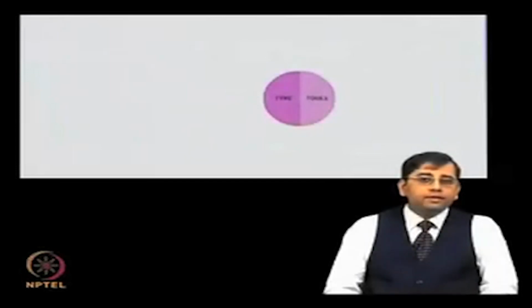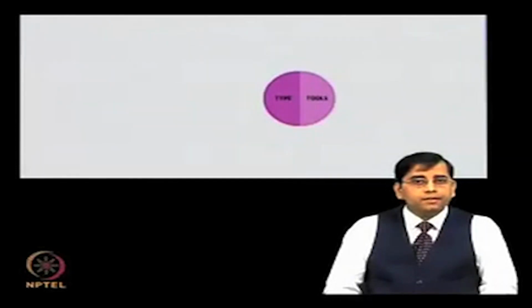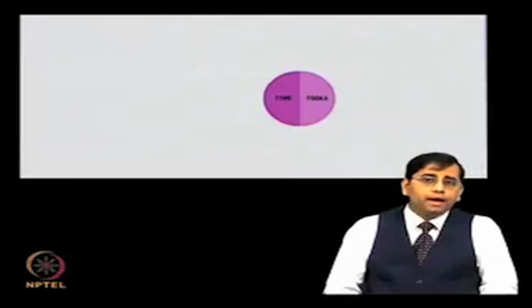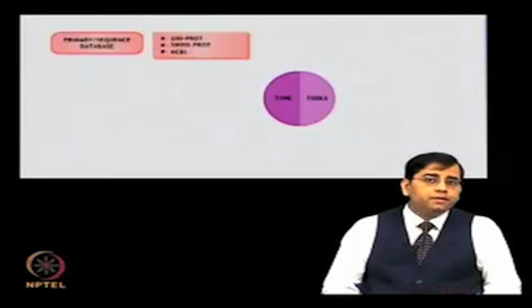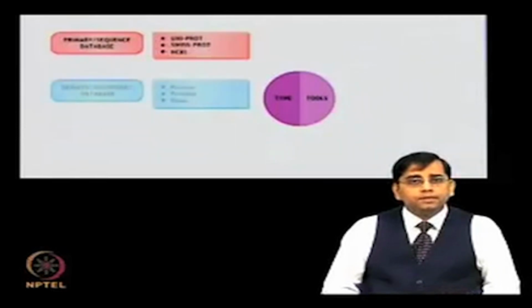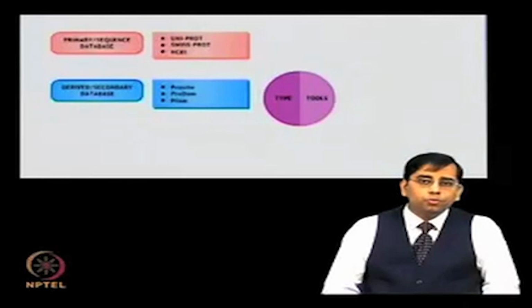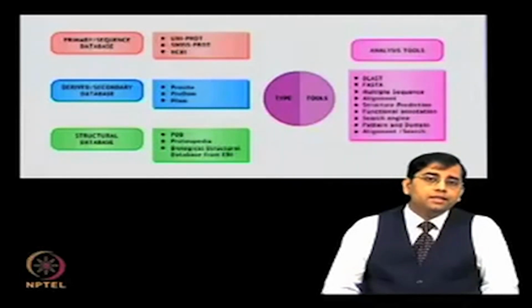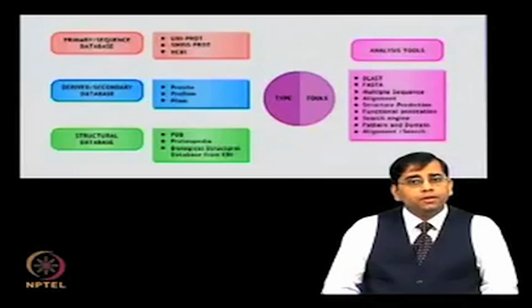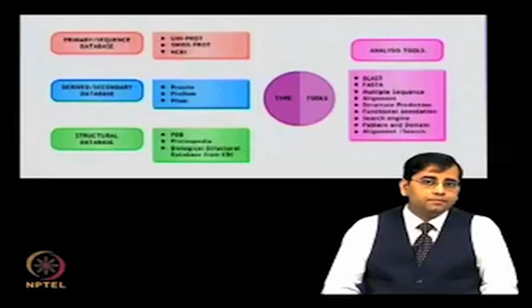A typical biological database can be characterized by its type and its tool. The type defines the category of data that it includes, such as sequence, domains or structure. This implies that the particular database's most prominent feature includes either sequences, domains or structure, and it is particularly used for their analysis.